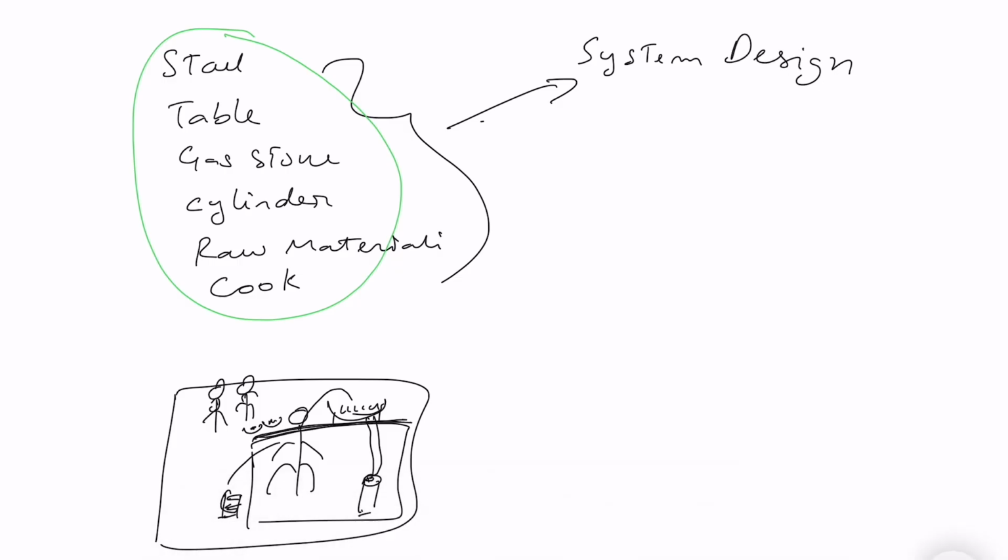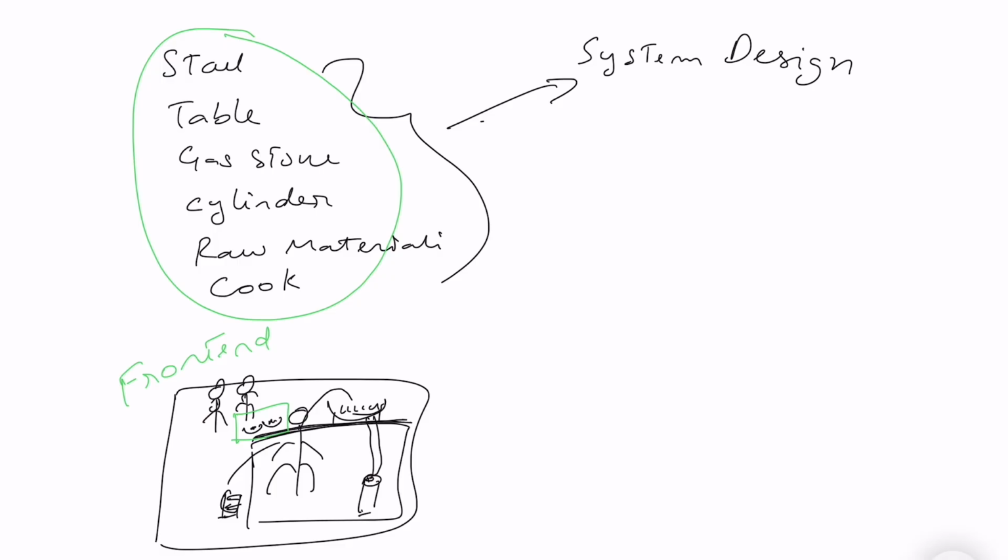Okay, now I hope this definition is very simple and very clear. Now when it comes to relating this with the actual IT system design, you can imagine that this part, where you are serving the customers the samosa on the plate, is called the front end.